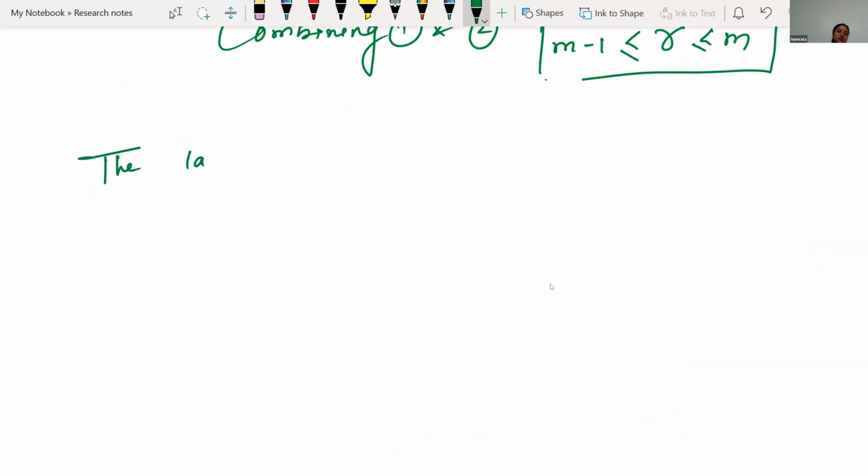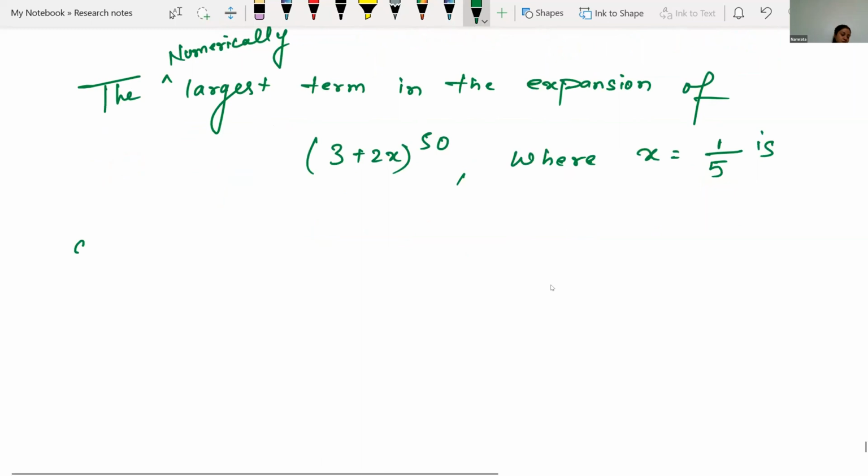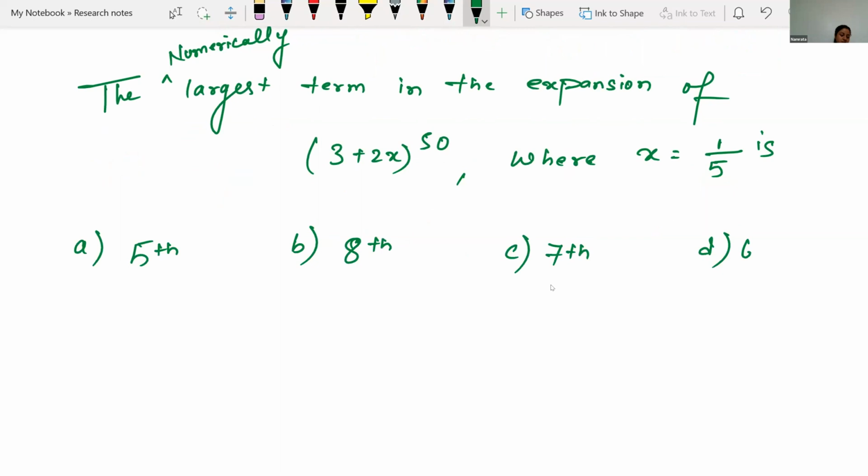The largest term, or rather the numerically largest term, in the expansion of (3 plus 2x) to the power 50, where x is equal to 1 by 5, is: option A, fifth; option B, eighth; option C, seventh; and option D, sixth. We have to find the numerically largest term.